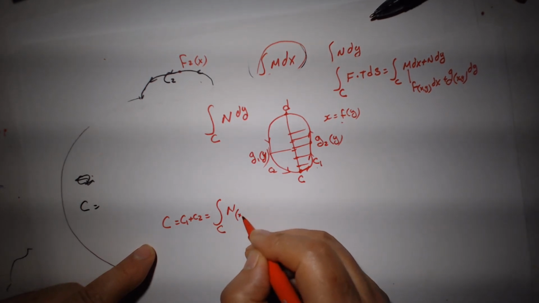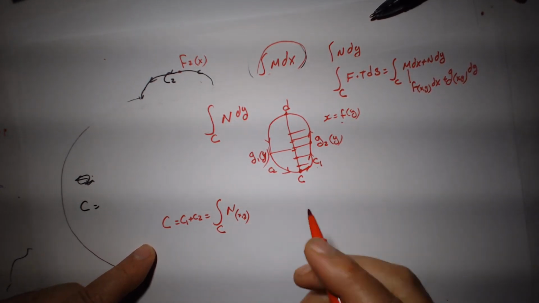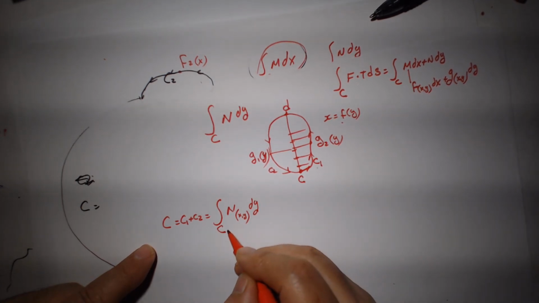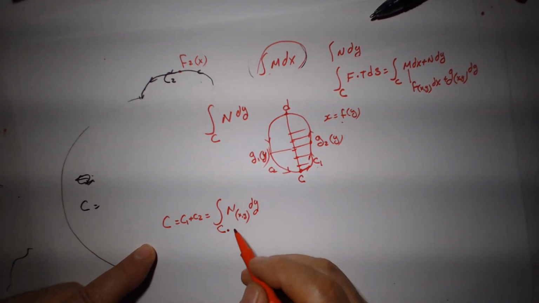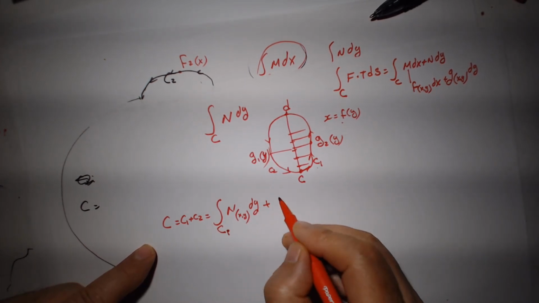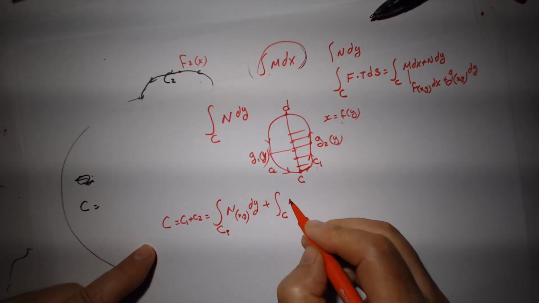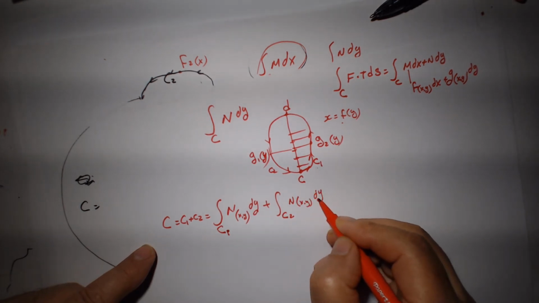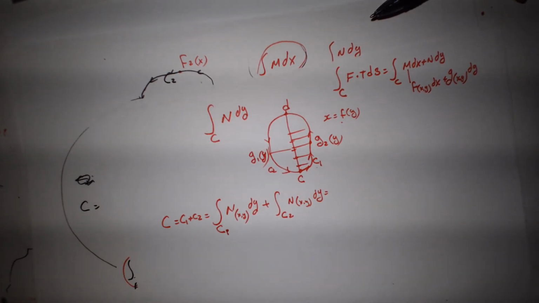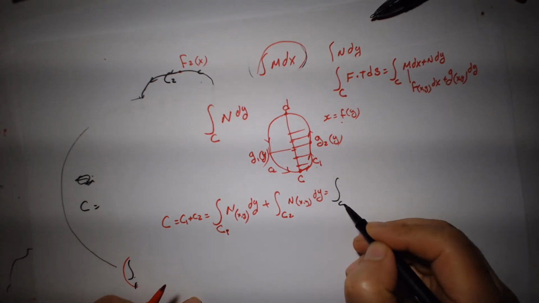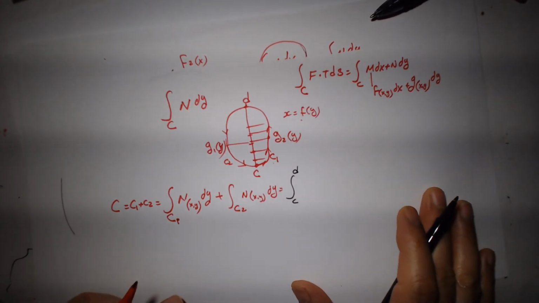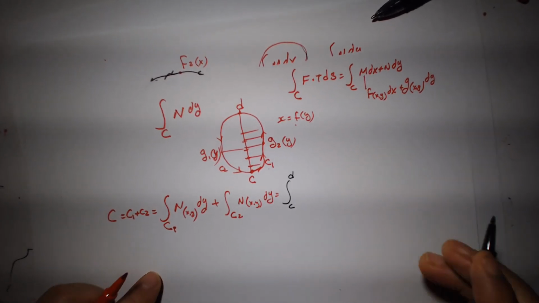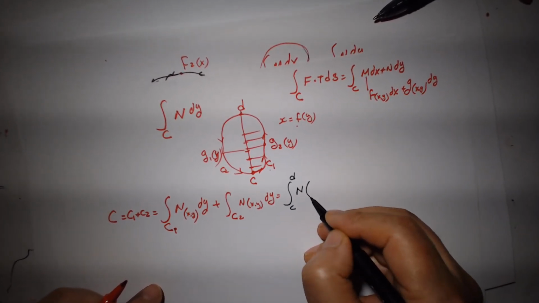Remember, n is a function of x and y, dy, that's your C1, plus C2 n of x and y dy. Your C1 goes from C to D. If you go from C to D, you have n.